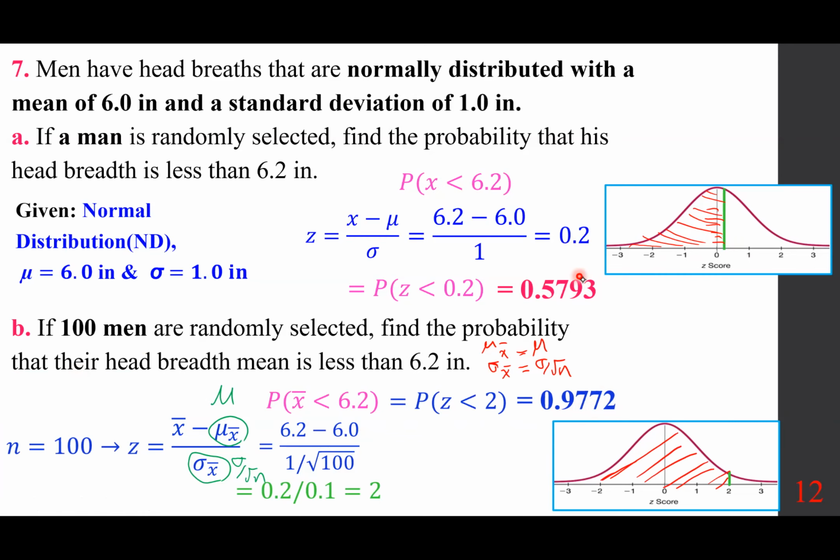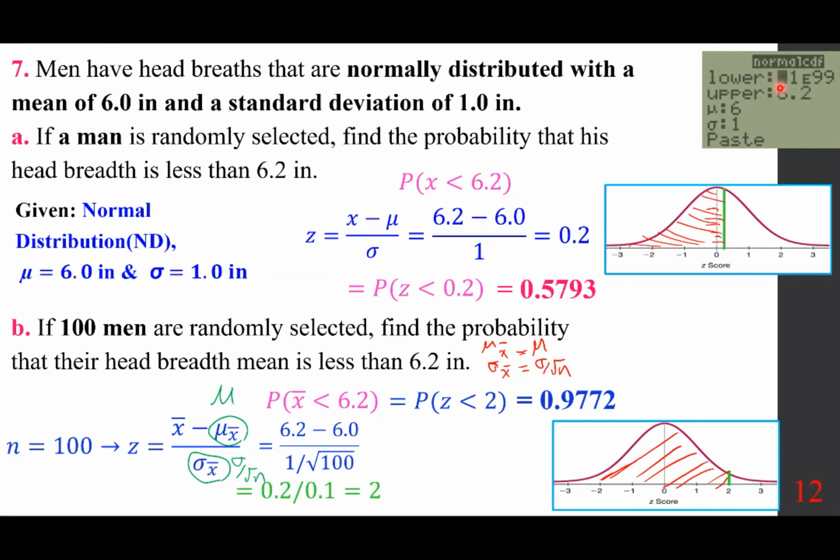However, if we wanted to use the technology that works just as well, I'm going to quickly remind you how it's done. You go with normal CDF. If you look at this one where it says less than 6.2, then it's really from negative infinity to 6.2. For negative infinity, if you don't put anything, they may have this that is use E99, with the negative, of course.